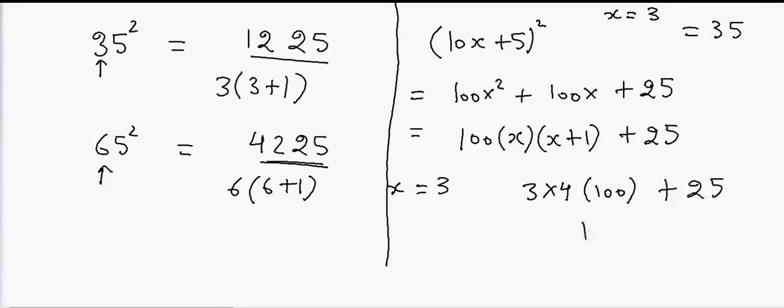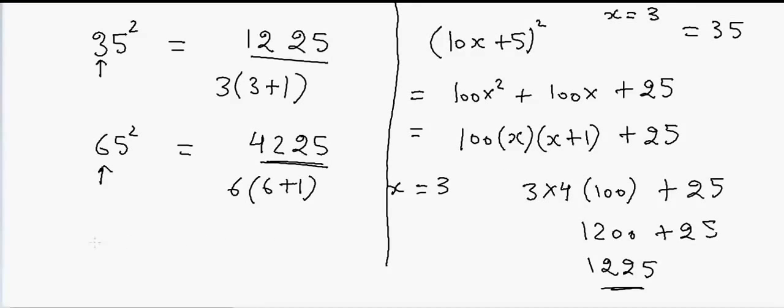So that will give me 1200 plus 25. So we'll get 1225. So this is how this trick works. So basically we are adding 1 to the first digit, multiplying it with the first digit, multiplying by 100, and then adding 25 in the end.